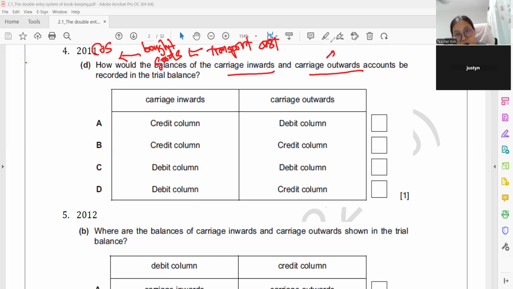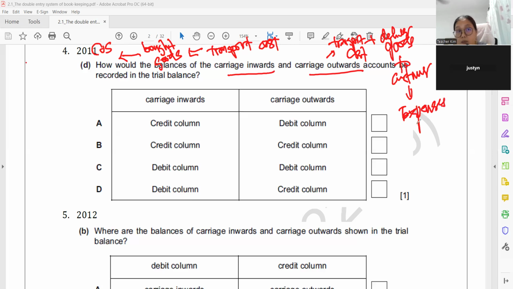Whereas carriage outward is also a transport cost, but when you deliver goods to a customer, you bear the cost. So this one is part of the expenses group. Both also have to pay.